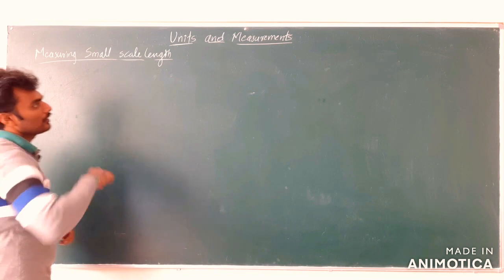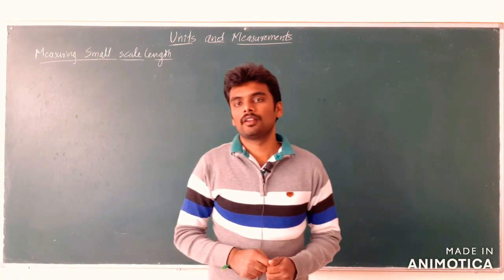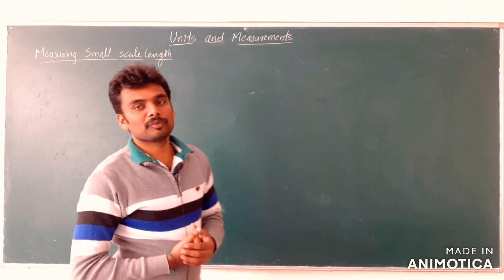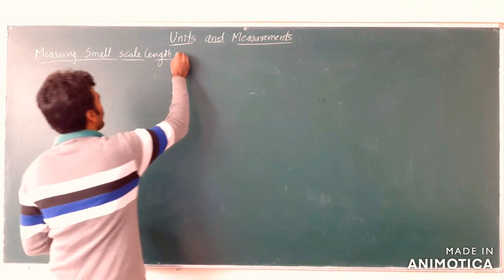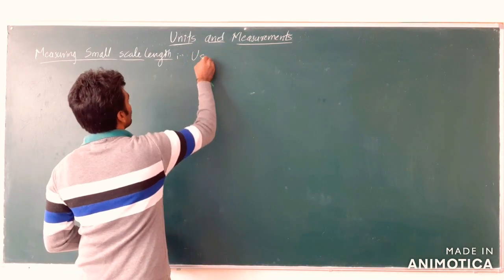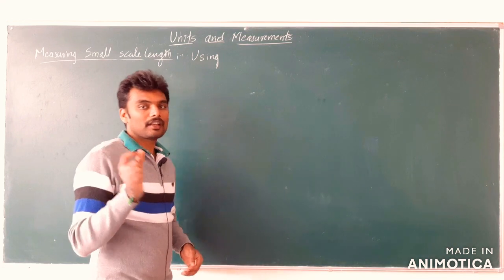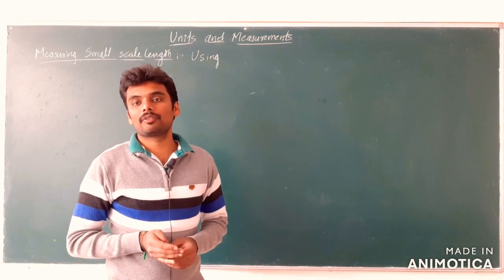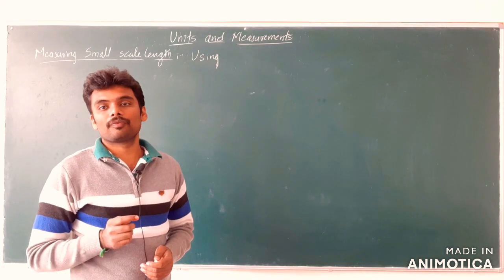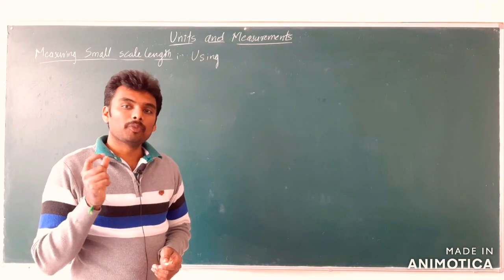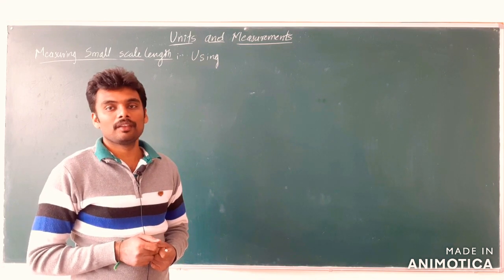So how are we going to measure very small lengths? There are certain direct methods to measure small lengths. First of all, what is small scale length? Measurement of the size of molecules and the size of atoms are taken to be very small lengths, isn't it?